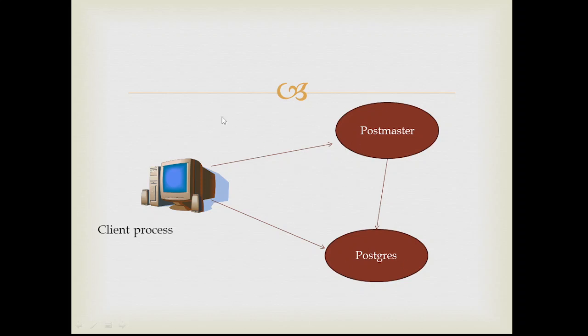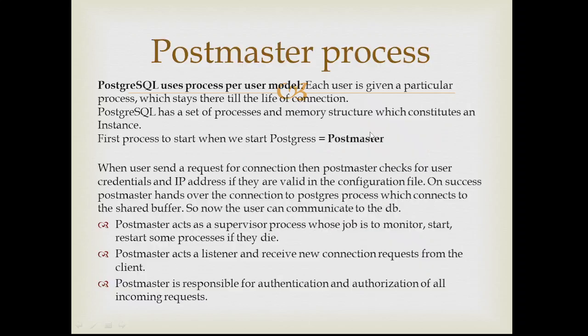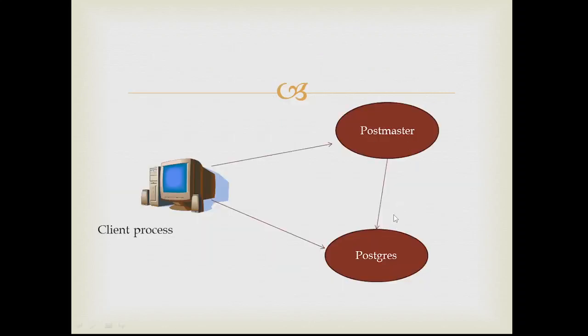Every new connection needs to go through the Postmaster process, so that's why we call it the listener process. Postmaster is responsible for authorization and authentication of all incoming processes.